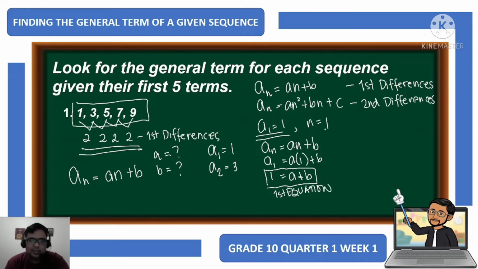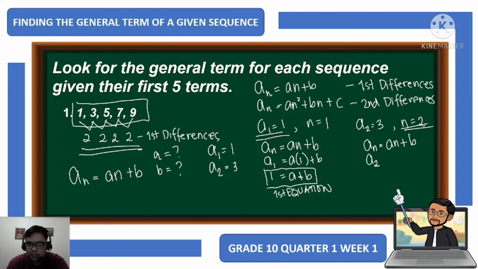So, next. So, dalawang equation kailangan natin. So, we will use a sub 2. And we know that a sub 2 is 3. And this time, n is equal to 2. So, dalawang terms. So, again, the linear form, a sub n is equal to an plus b. And since our n is 2, substitute na natin, n is 2.